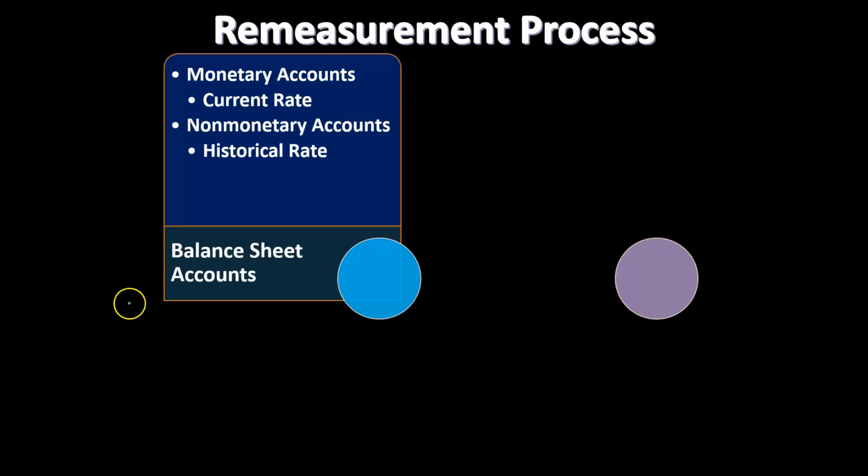So, remeasurement process, balance sheet accounts. The monetary accounts are going to use the current rate, and then the non-monetary accounts, things like inventory possibly, or property, plant, and equipment, land, and whatnot, are going to use the historical rate. We looked at the monetary accounts; these are the ones that will not differ.